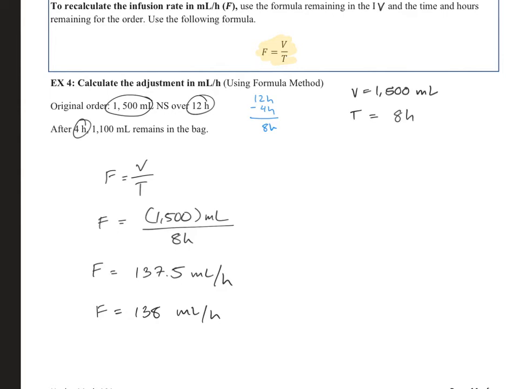you can adjust a flow rate. Some policies say you cannot adjust it more than 20 milliliters per hour. So you need to check that with what your calculation adjusts out to. It does depend on your facility, so you want to make sure you check on that before you go ahead and adjust things.